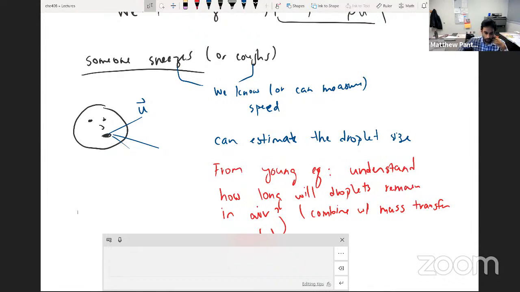They correctly state that viruses are so small and they will pass through easily through the pores of a mask. And they are totally right if we were sneezing out pure virus particles, right?